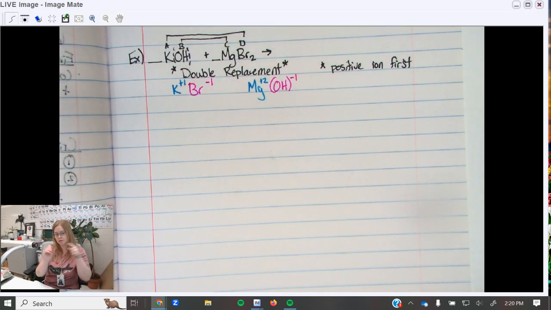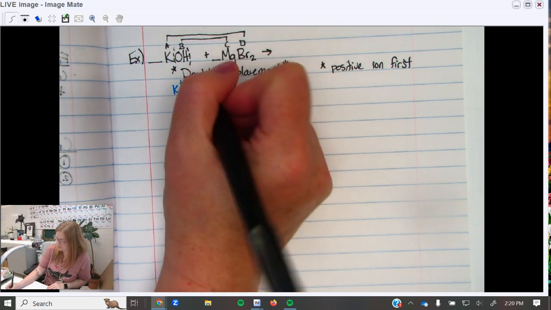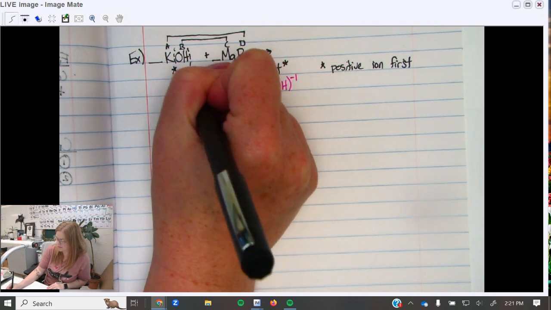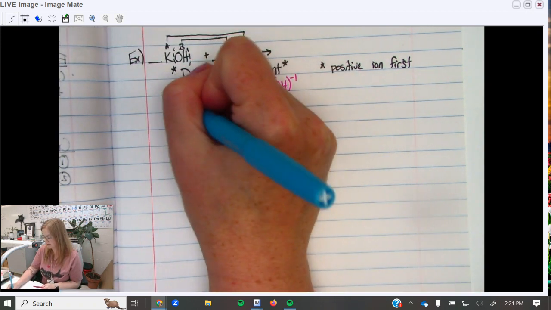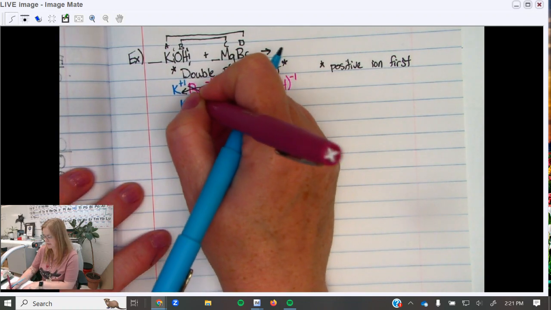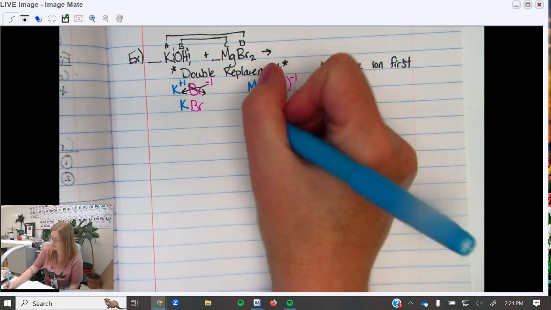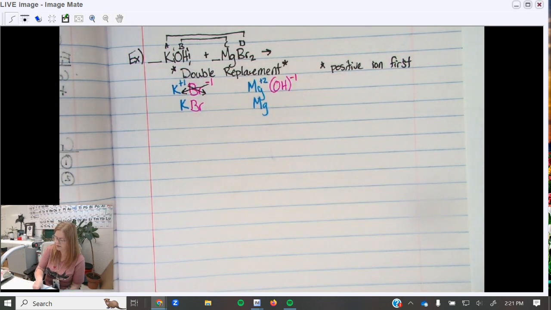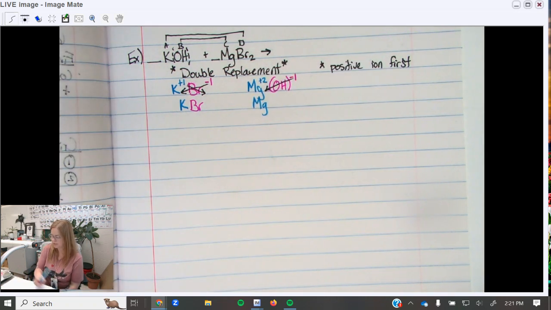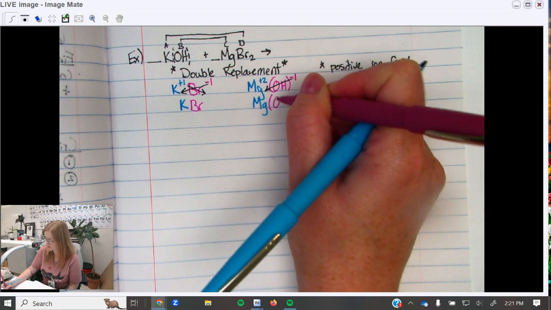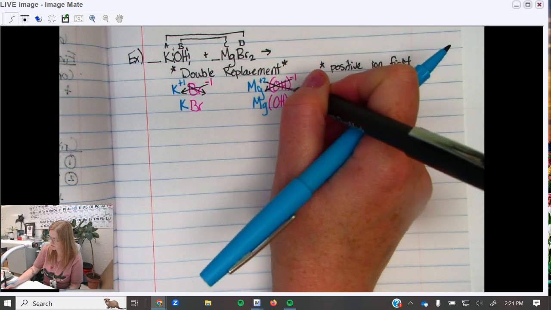And then I'm going to crisscross their exponents down to be subscripts. So I'm going to bring the 1s down here. And we don't write 1s, so my K, Br, that's my formula. And then my Mg, when I cross that 1 down here, I don't write it, but I do have this OH, and it is going to get the 2 from up here.